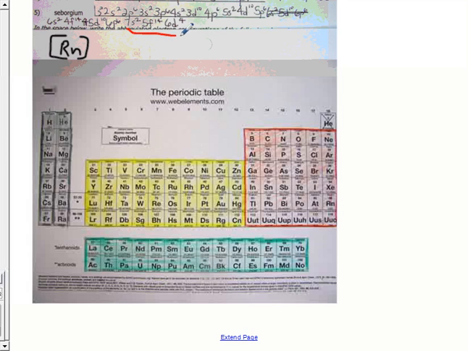So we would just rewrite all of this stuff right here. So that ended up being 7s2, 5f14, 6d4. And that's how we would do the truncated or shortcut method using the noble gas for the electron configuration for seaborgium.